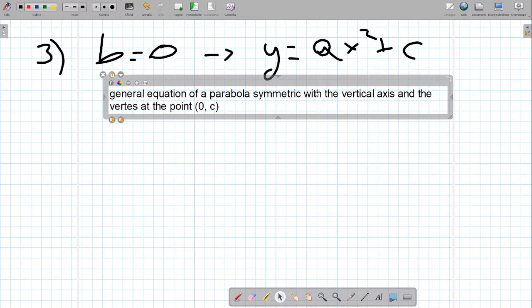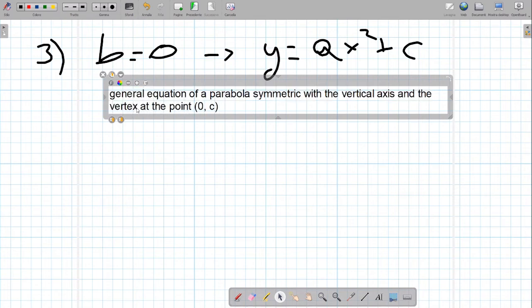Okay, because if I'm going to use x equal to 0, it will turn into y equal to c. So the coordinates of the vertex will be 0, c.